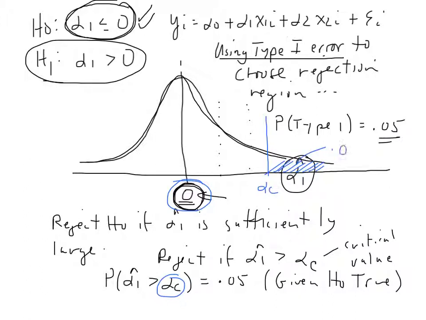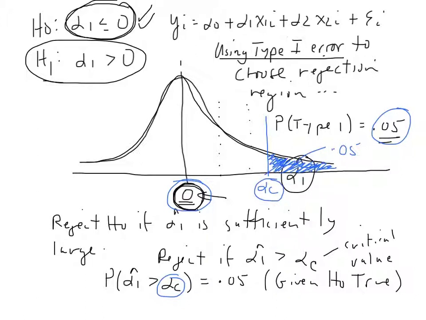We're going to choose alpha critical, the threshold value to compare our alpha 1 hat to, such that the probability is 0.05. So instead of picking alpha critical and then looking at what the probability of a type 1 error is, we set the probability of a type 1 error, and we then use that probability, which is the area under this particular part of the distribution here, to find the critical value.